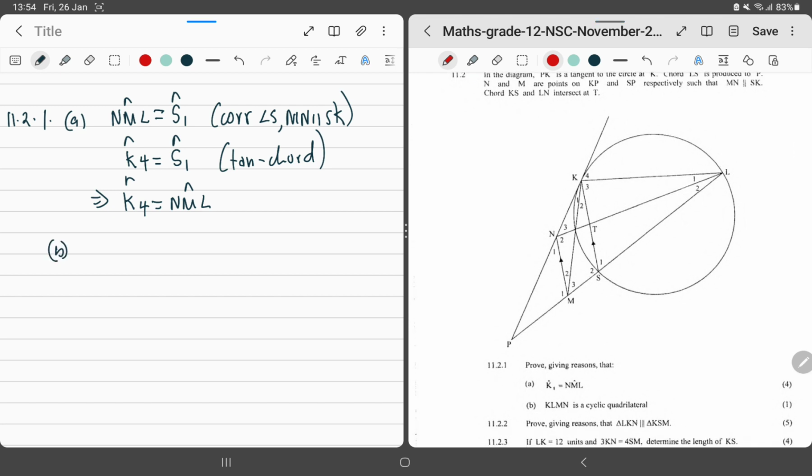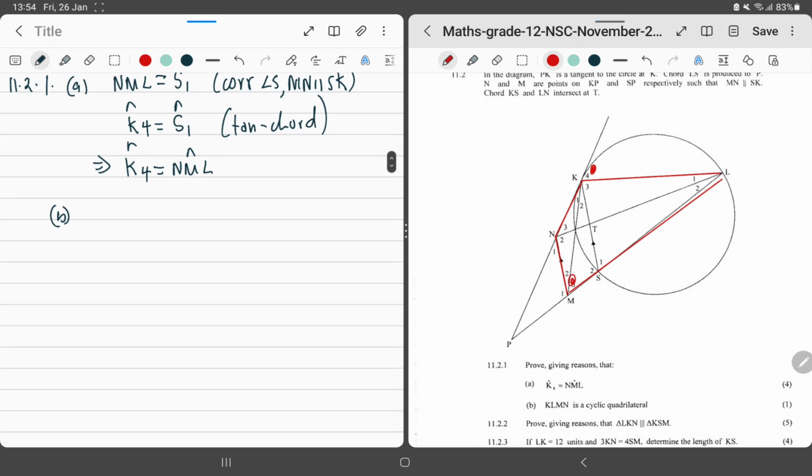B. Prove that KLMN, so the whole of that, must be a cyclic quad. Well, since this angle is equal to that angle, then KLMN is a cyclic quad. You will say K4 is equal to NML.